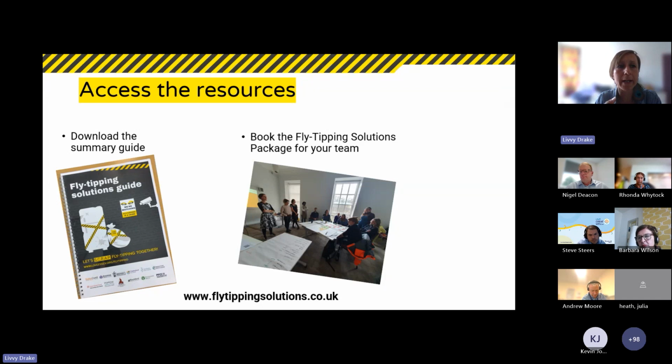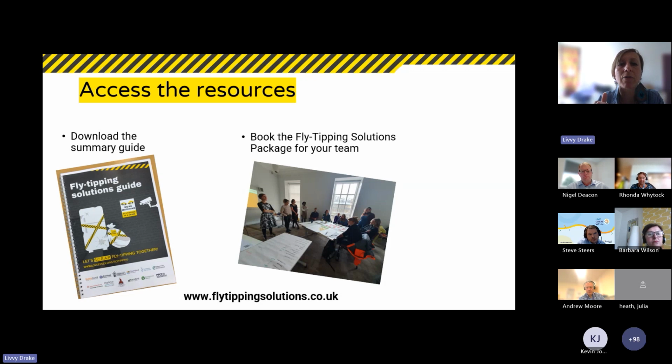The summary guide, which is available at flytippingsolutions.co.uk, has a chart with lots and lots of examples from different local authorities of effective solutions, ones to proceed with caution, and things that need testing.